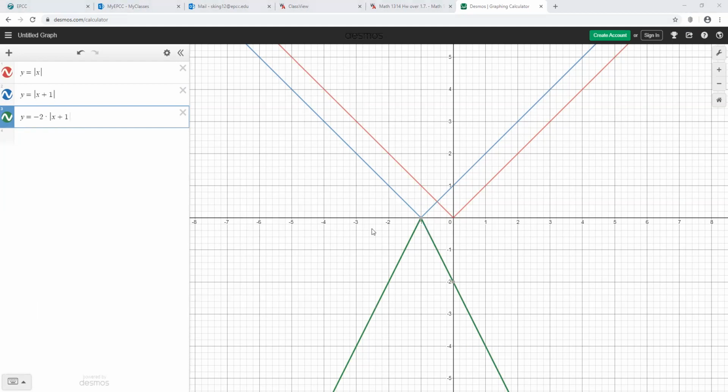Did it stay the same as it was to begin with, or did it change? Well, it changed. Very good. Because if it didn't change its rigidity, then if you go 1 unit over and 1 unit down, you should be back on the green graph. Did that happen, Griselda? No.